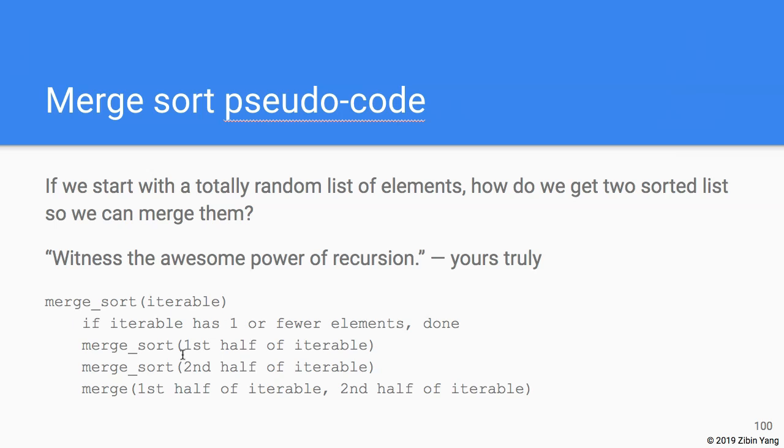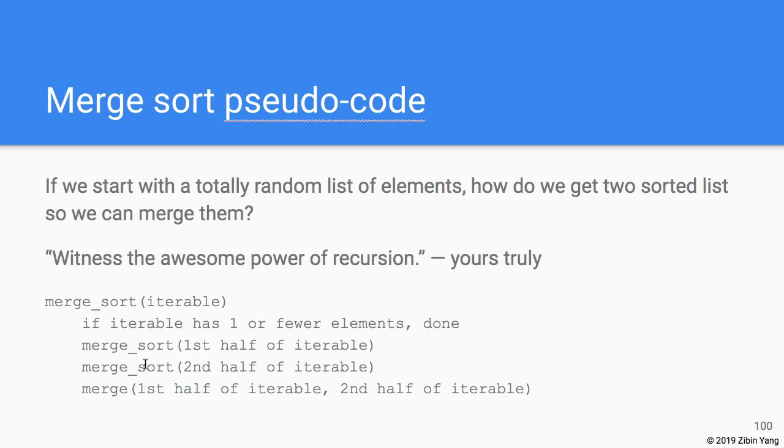And if it has 2 or more elements, then we can divide the list or the iterable into 2 halves. Then we can recursively call merge sort on the first half and then merge sort on the second half.